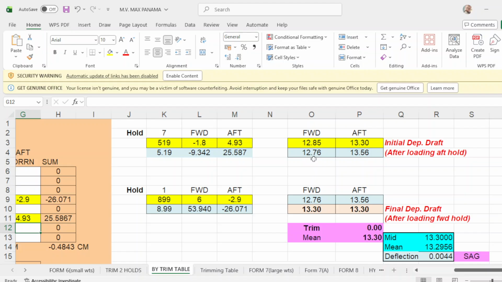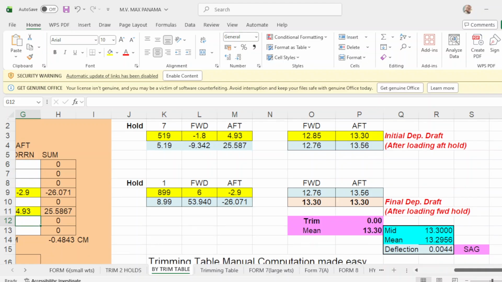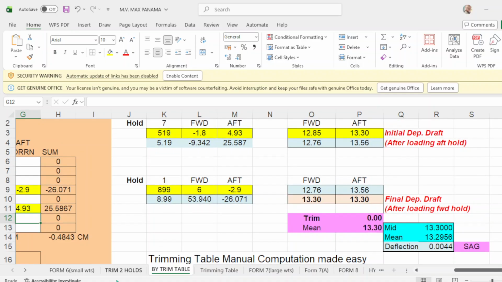Initial drop of 12.76 forward and up drop will be 13.56. So carry this down, then you are now going to load in hold number 1 with 899 metric tons. Once completed, your final drop will be forward 13.30, up drop 13.30, you have 0 trim and mean is 13.30 and your deflection is 0. Okay, that is trim table.